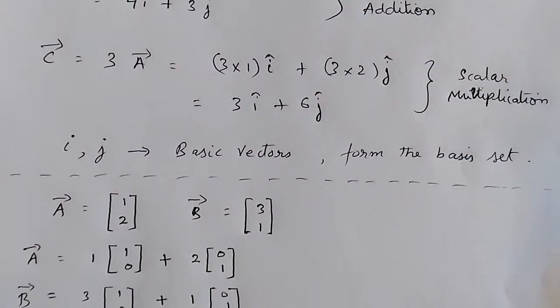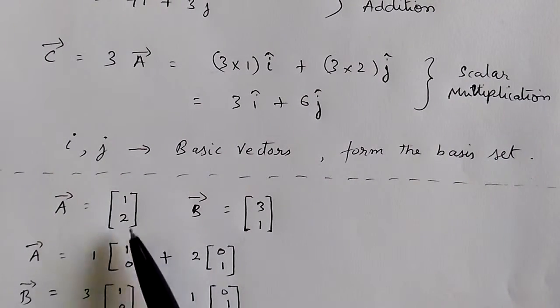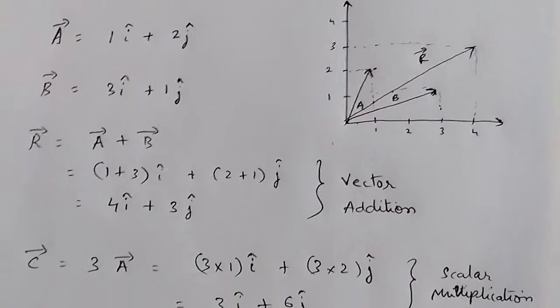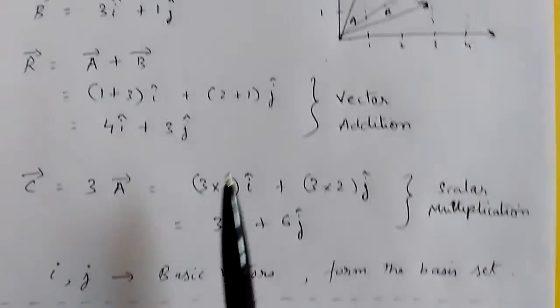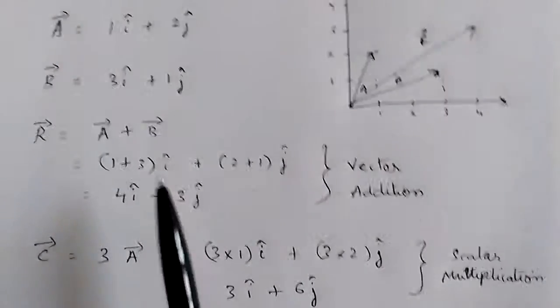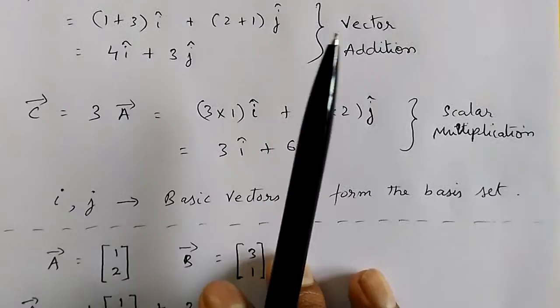Now moving on, if I think of A as a column vector 1, 2, and B as another column vector 3, 1, that's exactly like this. Here the first part is 1 and the 2 j cap is 2, and similarly B is 3 and this is 1.